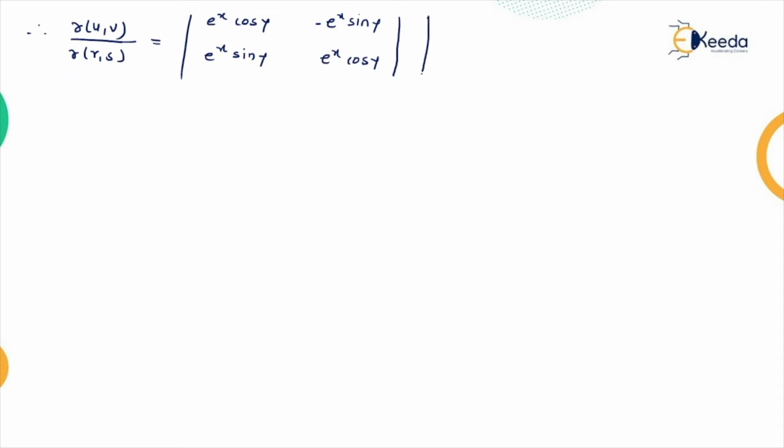In the second determinant, that is l, m, minus m, l.